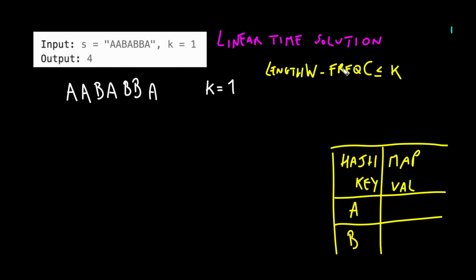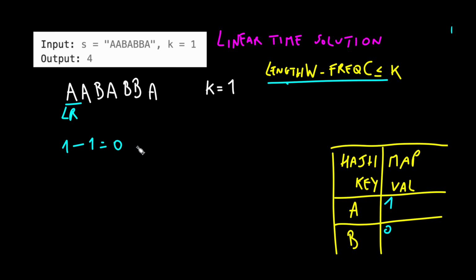Okay, let's go through a complete example. Here on the right, we've got the formula to see if a window is valid or not, so I'm just going to leave it here. We're going to need two pointers, left and right. Now we update the hash map with the frequency of the characters appearing in this window, in this case just 1 A. We take the length of the window, which is 1, and subtract the count of the most frequent character in the window, which is 1.